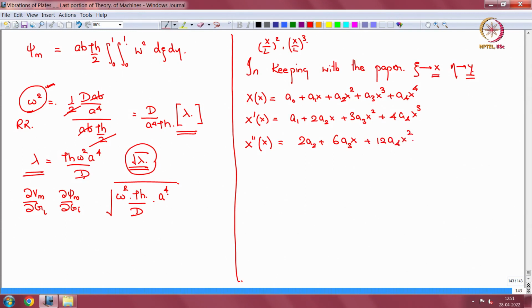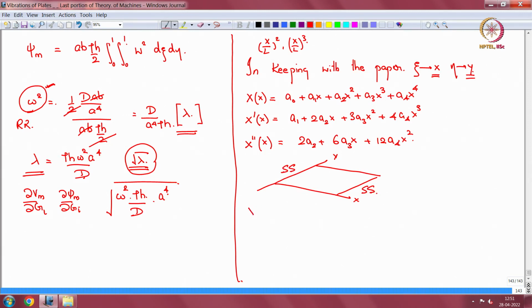Now, if my plate is like this, this is x, that is y, then at the edges of the x, let us say I am going to take a simply supported plate.